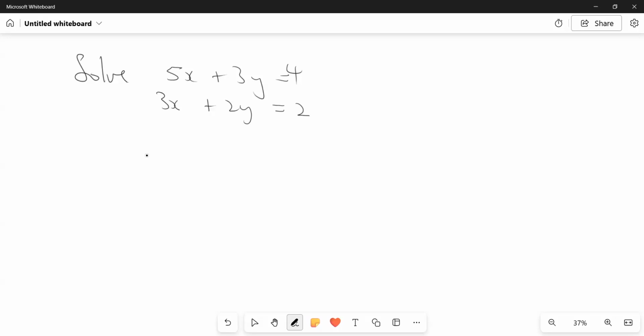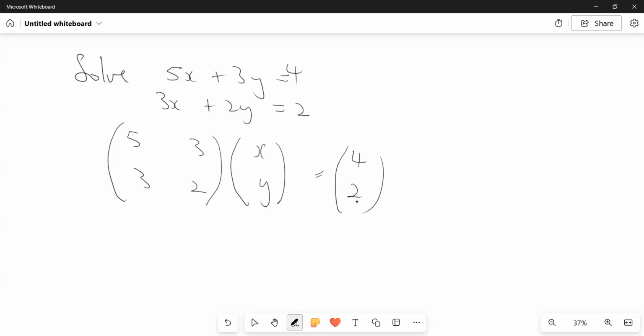So what we can do with this equation, we can write it in this form. We take the coefficients, right? 5, 3, 3, 2, times xy will be equal to 4, 2, right? Write it like that.